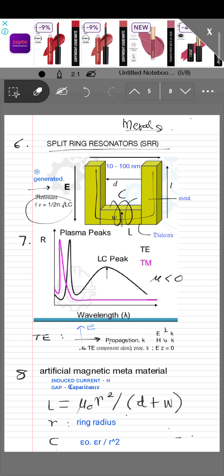This is what makes the inductance. Here r is the ring radius. It is shown in a straight form, but it is also circular in nature, like this, where there is a gap and there is formation of reverse current. The inductance is related to the dimensions of the system, and so is the capacitance.